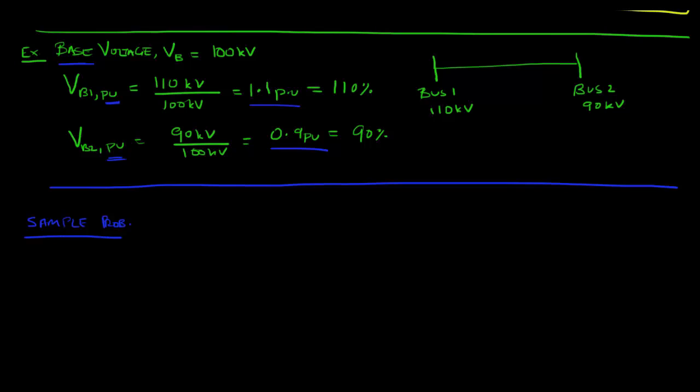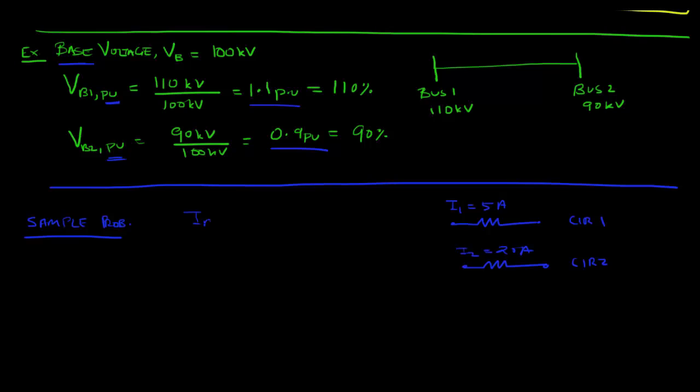So let's see, the sample problem is you have one circuit, that's circuit 1, and you have another circuit, that's circuit 2. What you're given is I1 is 5 amps, I2 is 20 amps.